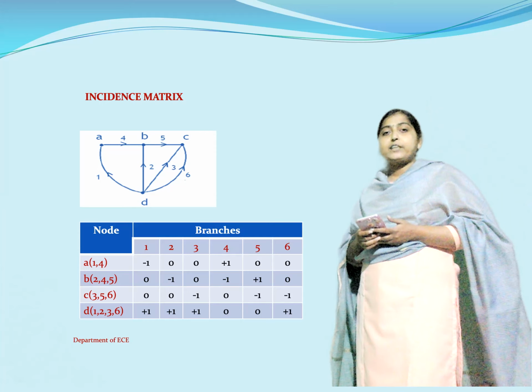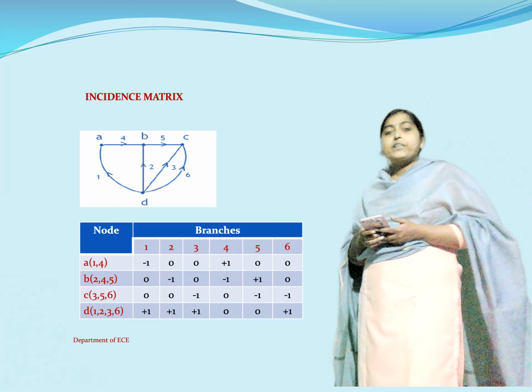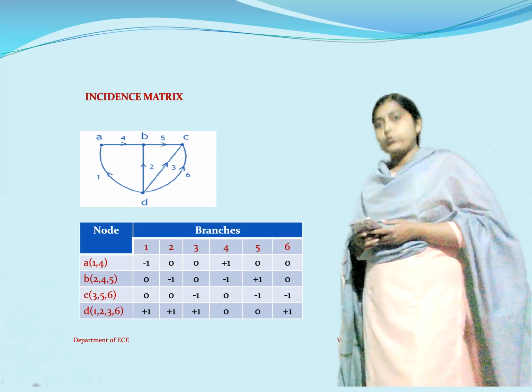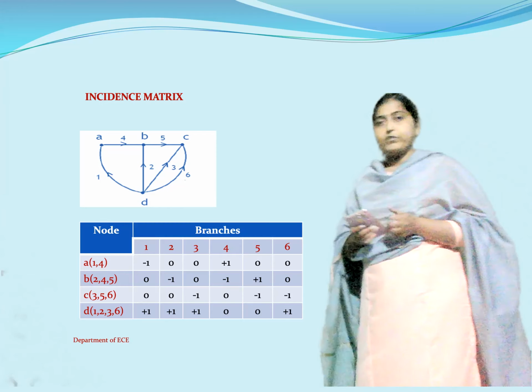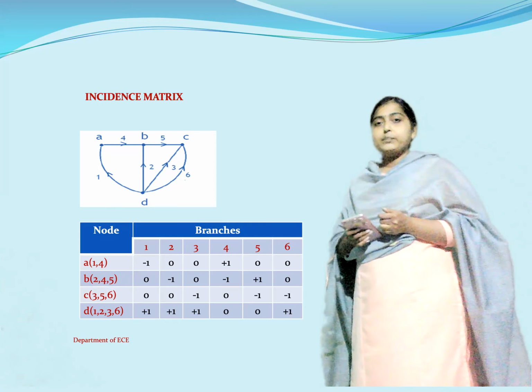So this is -1, this is +1, you are getting 0. This is -1, this is +1, it is getting 0. So this condition always holds good for the incidence matrix. I hope it is clear to everyone how to write an incidence matrix.